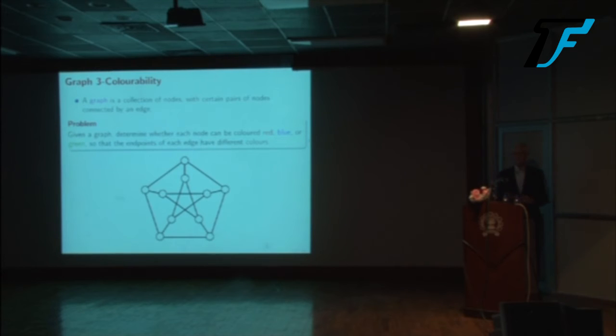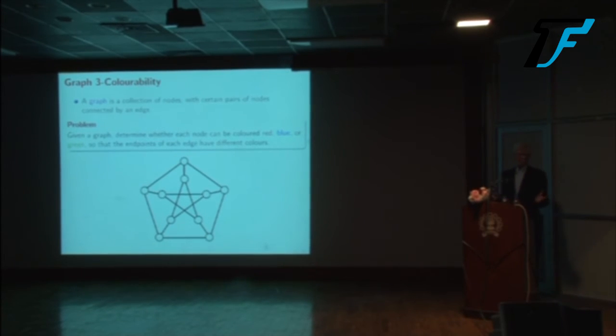Here's a simple example, the Petersen graph, and the question is: is there a way of assigning the colors red, blue, green to the nodes of the Petersen graph such that adjacent nodes have different colors? And indeed there is. You can easily check, look at every edge, and notice that the colors at the endpoints of each edge are in fact distinct. So we say the Petersen graph is 3-colorable.